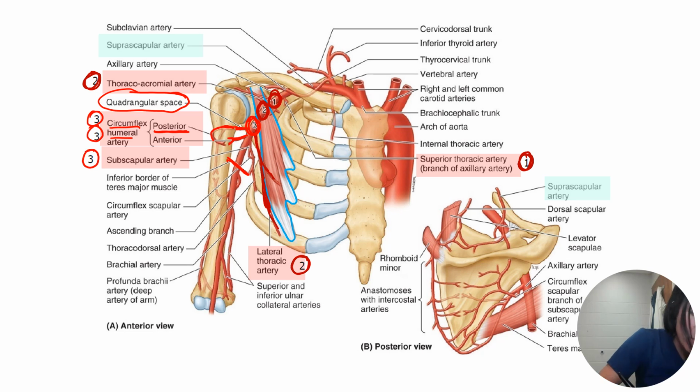And then our third branch is the subscapular artery, which is then going to give rise to circumflex scapular, which we can start to see right here. But if we look, now we can see circumflex scapular coming to supply musculature on the dorsum of the scapula.